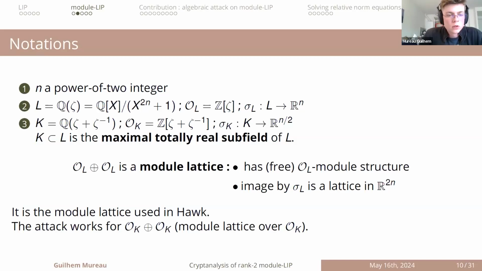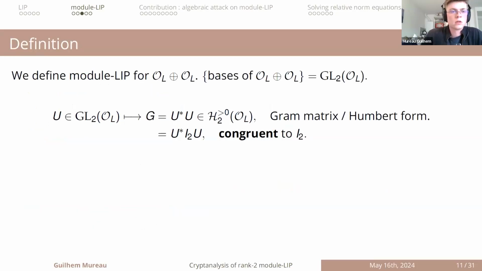And as I told you, our attack will work over the subfield. So for example, for the module lattice O_K plus O_K, two copies of O_K. I will define module LEAP as in Hawk's paper. So it will be in terms of quadratic forms. We need to get something similar to a quadratic form in this case. So to a basis U of O_L plus O_L, which is just an invertible matrix with coefficients in O_L, I can associate the equivalent of its Gram matrix. It is also called a Humbert form.